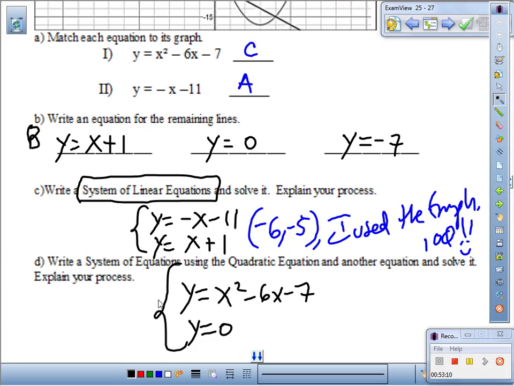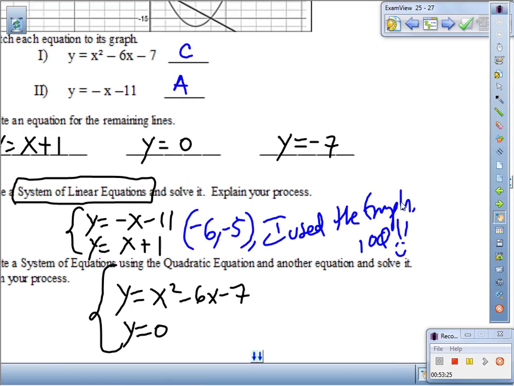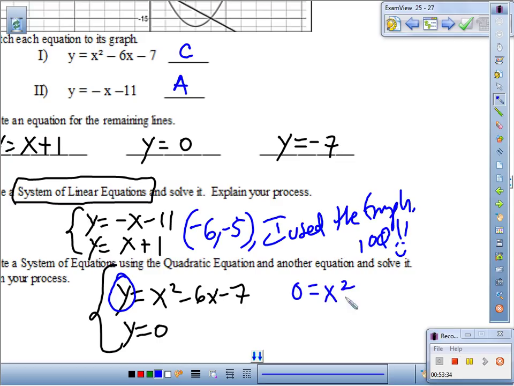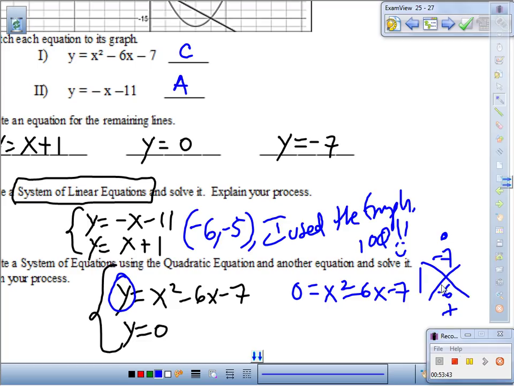Explain your process on solving it. Which method would you like to use for this one, Fatima? Substitution. All right. So if we do substitution, check this out. Instead of y here, what do I write? 0. So it would be 0 equals x squared minus 6x minus 7. Power Rangers, negative 6 times plus, this is 1, negative 7. You rewrite and find the factors, yeah?